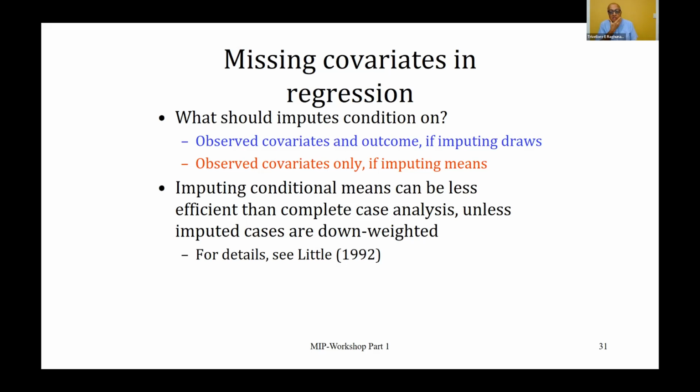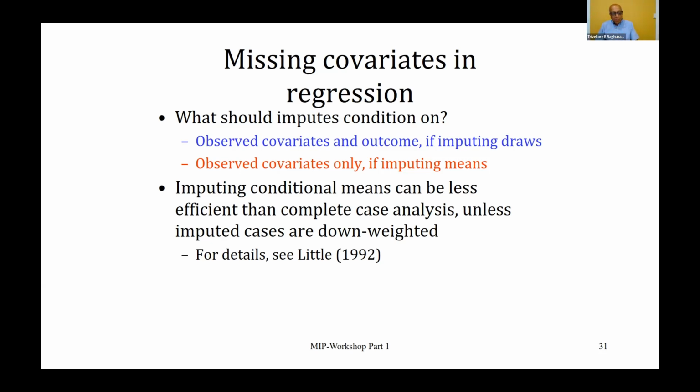But imputing conditional means can be less efficient than complete case analysis unless the imputed cases are downweighted. So if you do an imputation by conditional mean and then pretend, it can be less efficient than the complete case analysis.